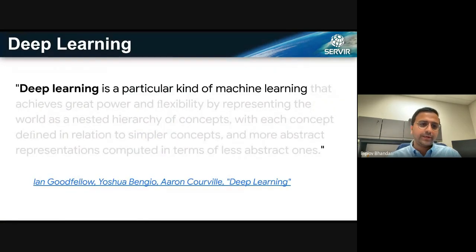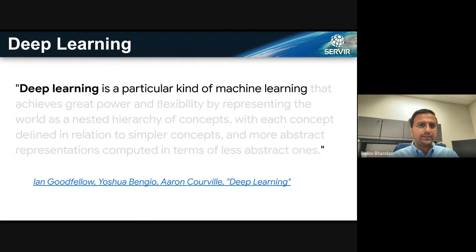We already know that deep learning is a particular kind of machine learning that does some form of abstraction of real-world concepts, and then trains on those abstractions to learn a different kind of representation of the input dataset to produce the output. Here I have linked this really good book by Ian Goodfellow.